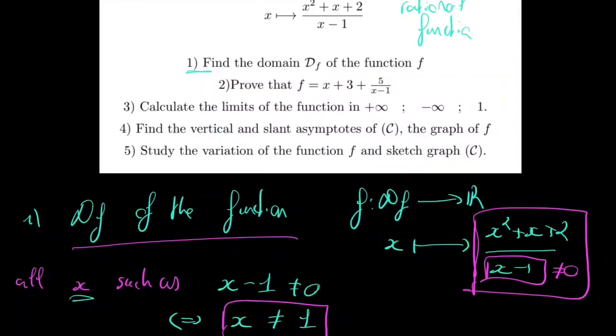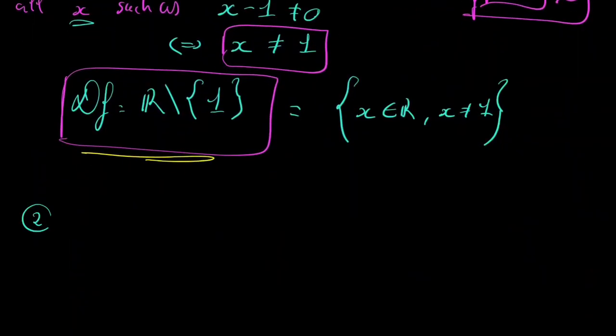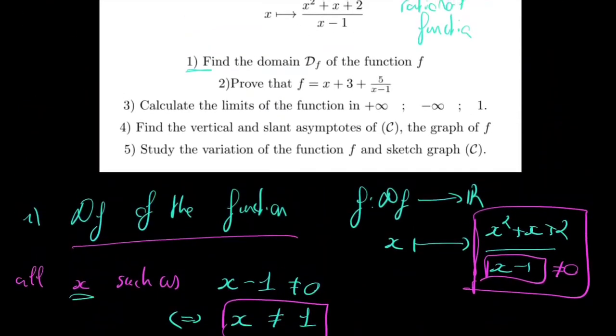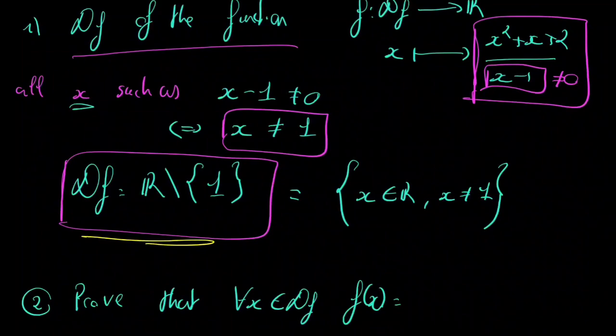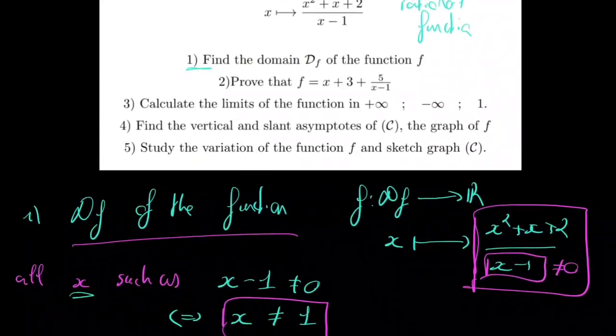In the second question, we want to prove that for all x, of course, in df, f of x is equal to x plus 3 plus 5 over x minus 1.